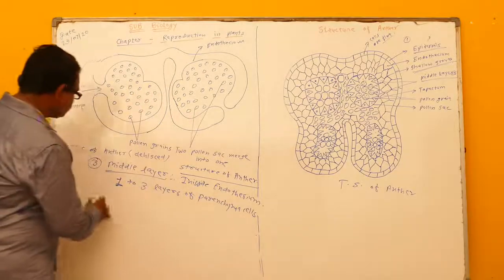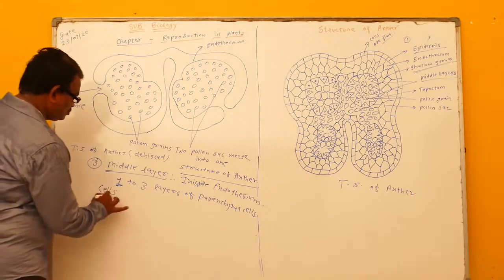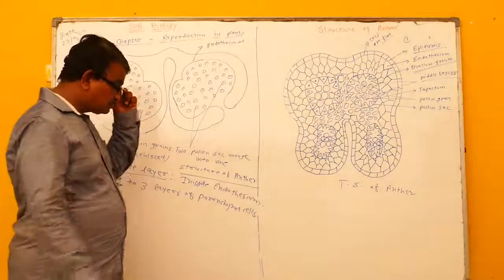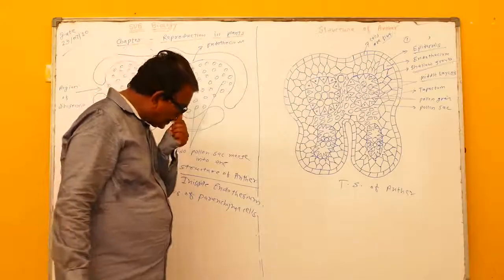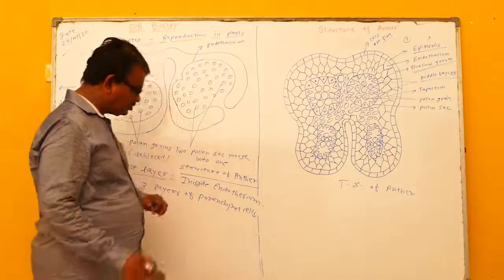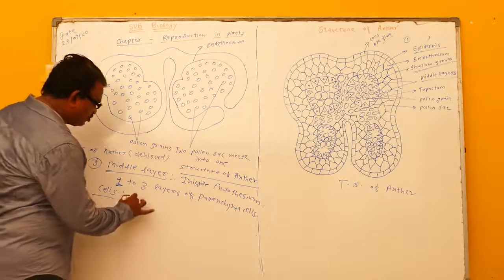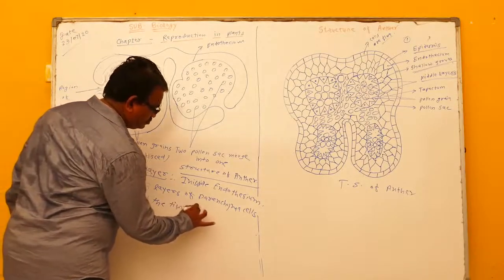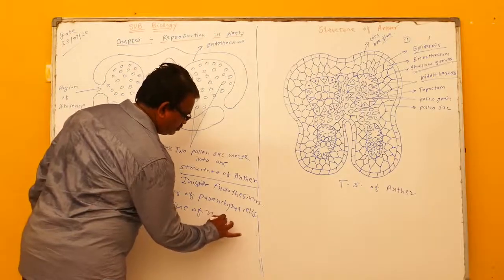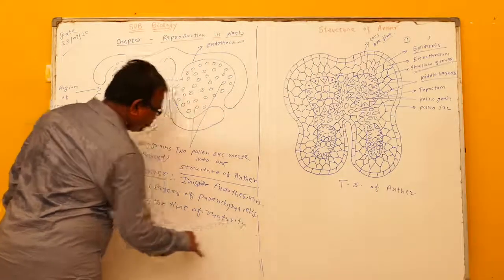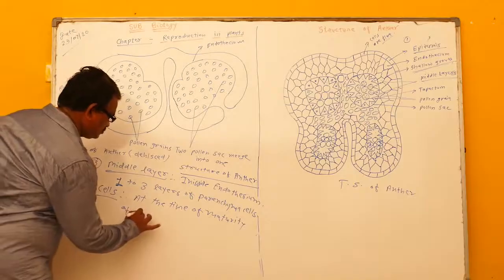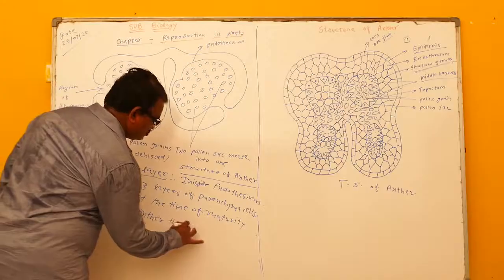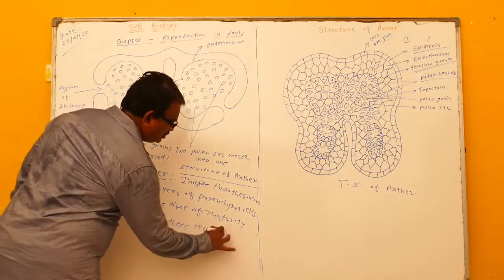Now the cells of this middle layer, at the time of maturity of the anther, these cells degenerate.